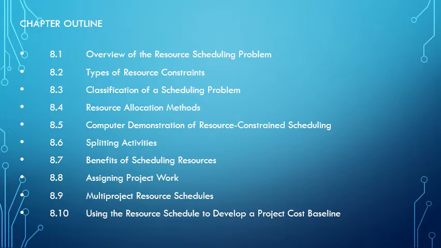However, we're not using MS Project in this course, so we won't go into depth there. What happens when we split activities, benefits of scheduling resources, assigning project work, and then the concept of what happens when we have multi-project resource schedules and using these resource schedules simply to develop a project cost baseline.